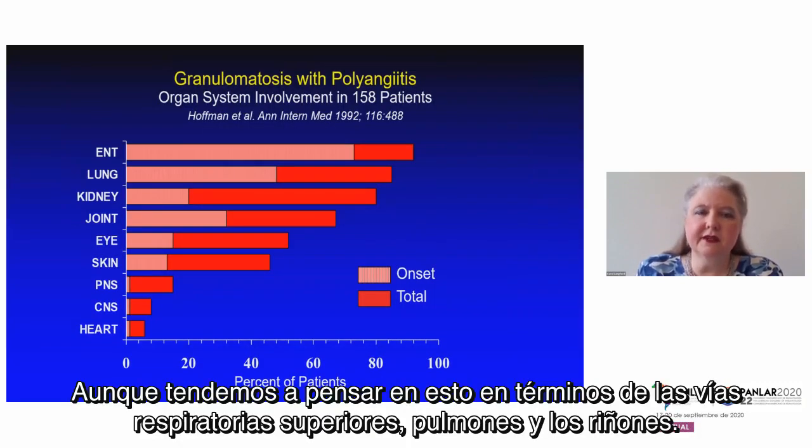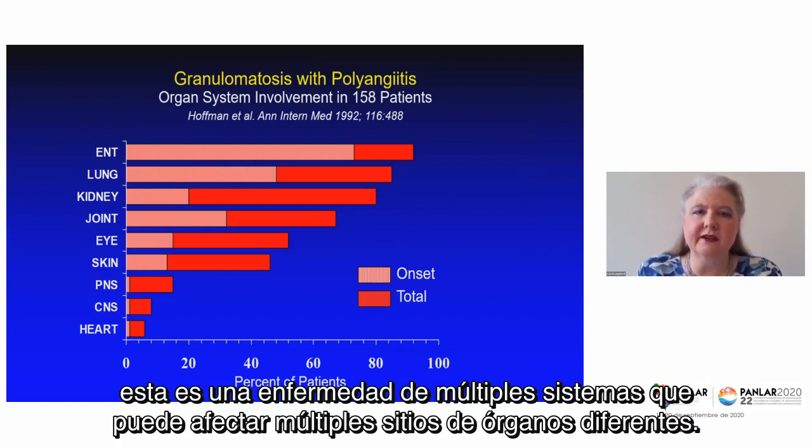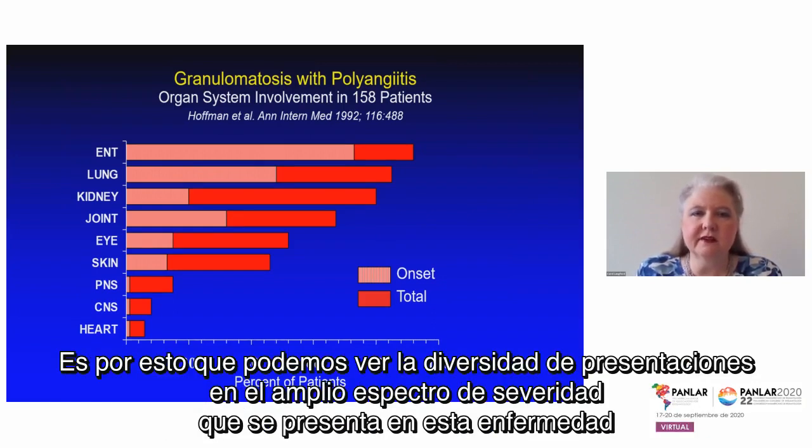Although we tend to think of this in terms of the upper airways, lungs, and kidneys, this is very much a multi-system disease which can affect multiple different organ sites. This is why we can see the diversity of presentations and the wide spectrum of severity that occurs in this disease.